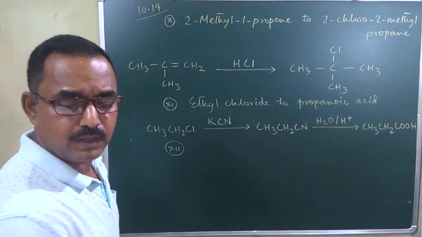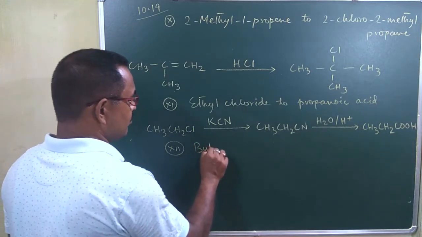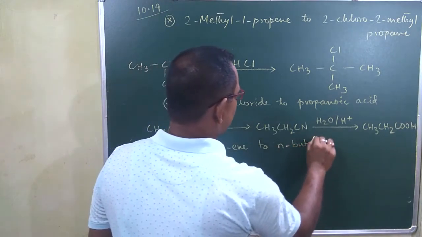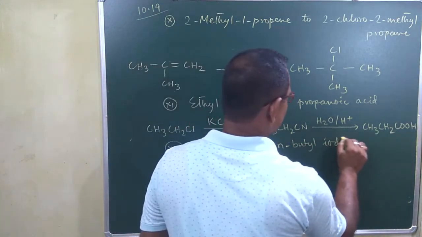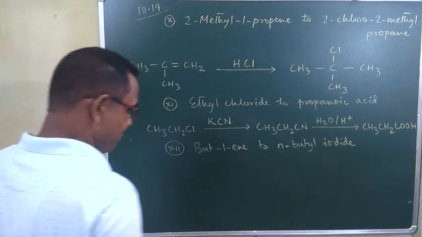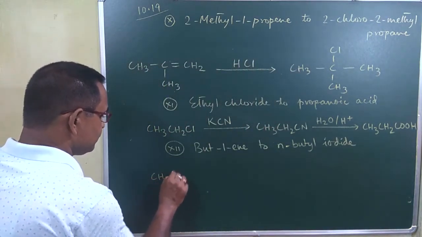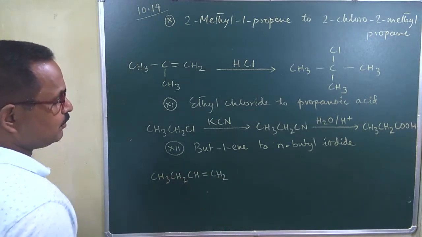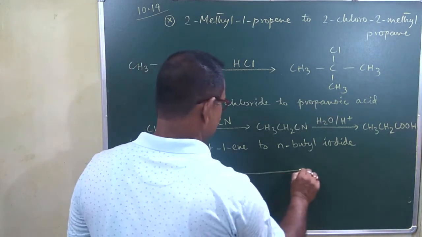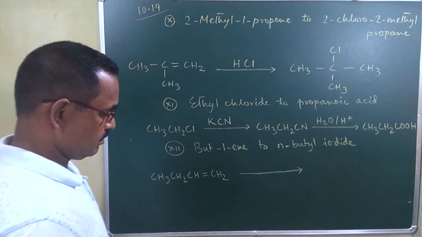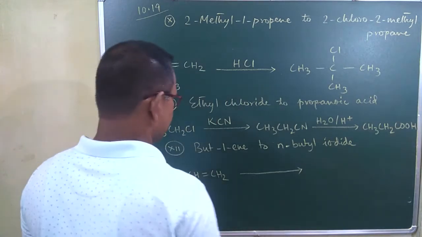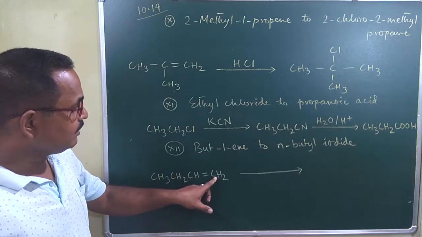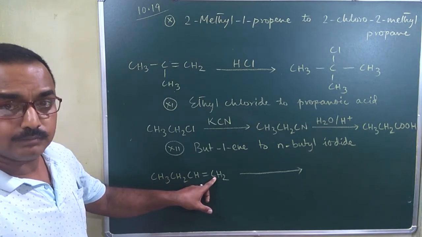Next one. But-1-ene to n-butyl iodide. This is but-1-ene. In n-butyl iodide, iodine should be attached to this carbon, carbon number 1.